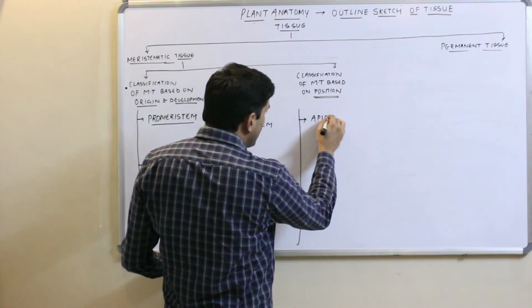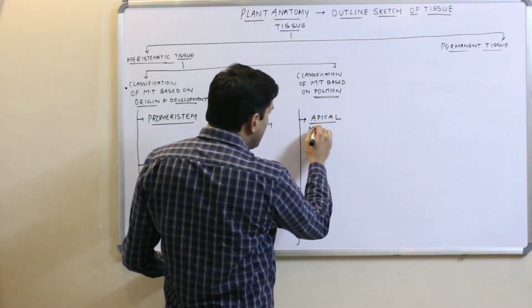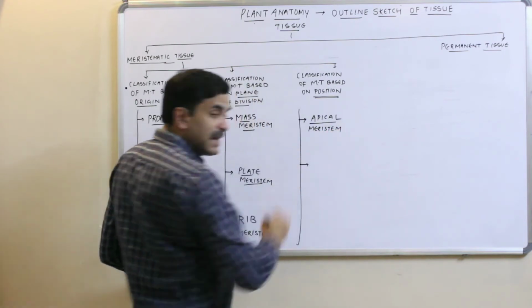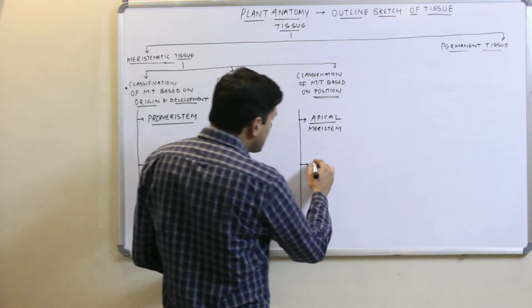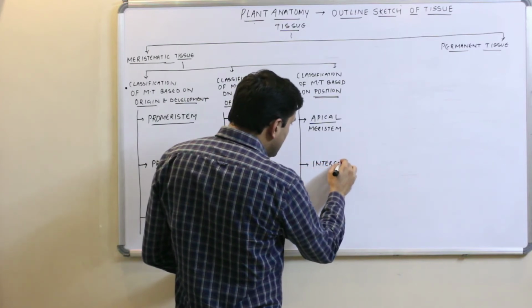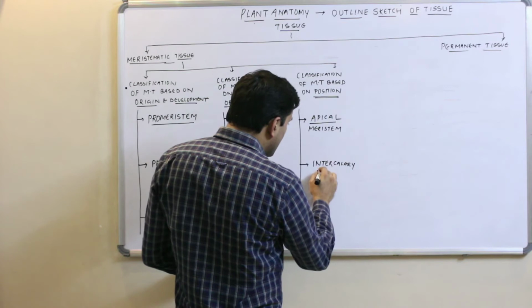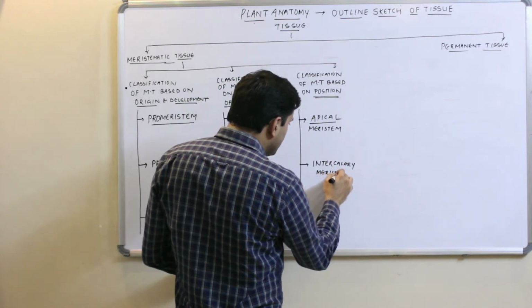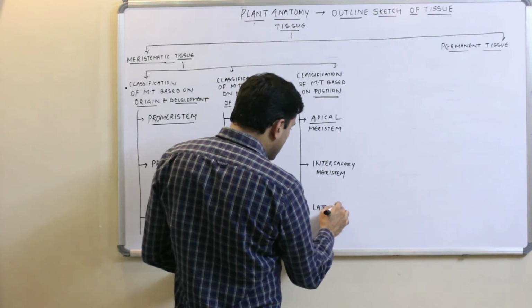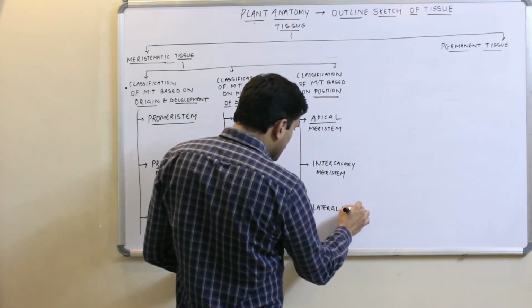In class 9th you have studied apical meristem, then the intercalary meristem, and the third one is the lateral meristem. Alright.